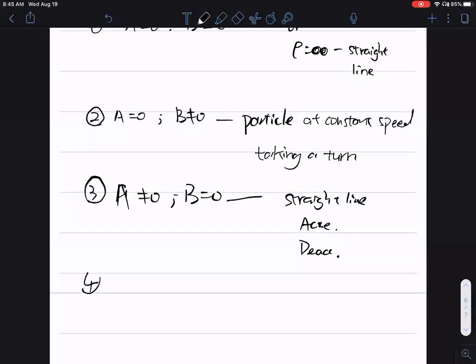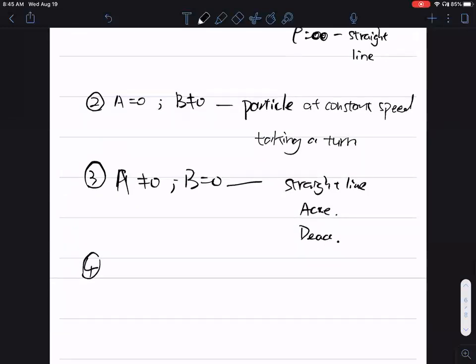Okay. The last case we have is when they're both non-zero. That's the normal case we see, right? Most of the problems we have, they're both non-zero. So the particle is just traveling, changing both direction, and the speed is changing all the time.